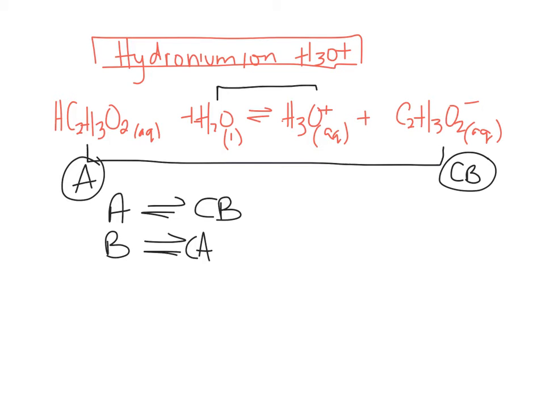So what did water do? Did it donate an H plus or accept an H plus in this reaction? It accepted an H plus and became H3O plus. So this accepted, so it's a base. That makes this half the conjugate acid.